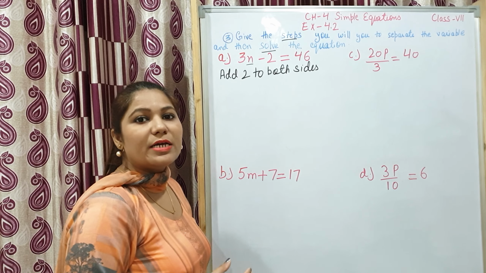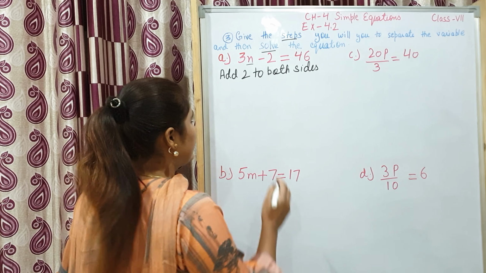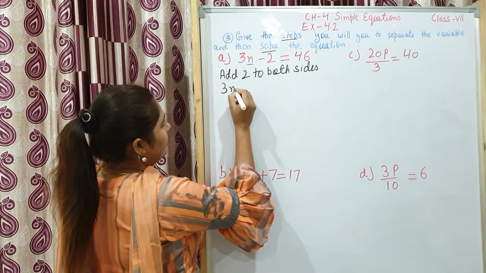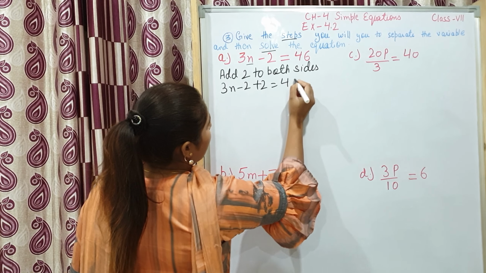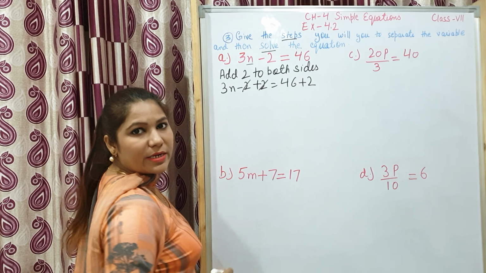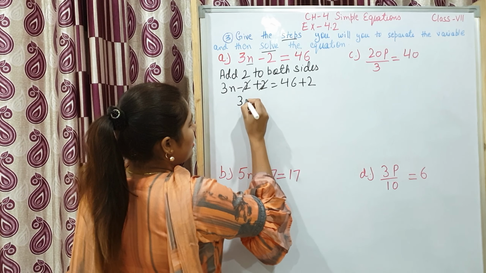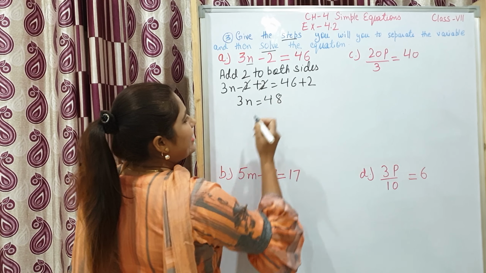Whatever we are doing on the left hand side, the same thing we have to do on the right hand side. So 3n minus 2 plus 2 is equal to 46 plus 2. Now minus 2 and plus 2 cancel. Now 3n is equal to 46 plus 2, which is 48.